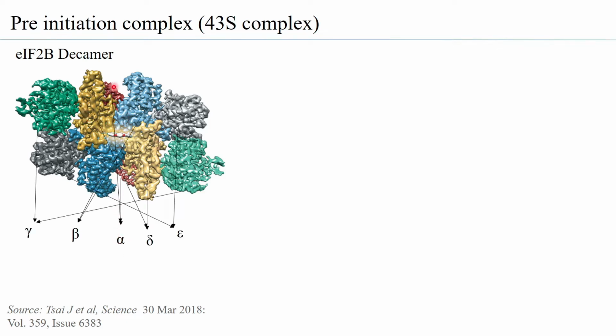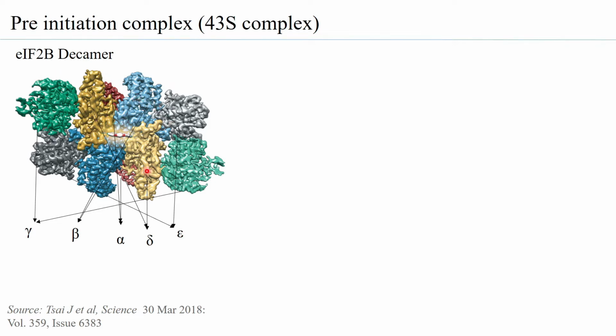So you can see that this red over here is alpha. You will have 2 beta. The blue is 2 beta. You will have 2 gamma. So the green is the gamma. You'll have 2 delta, the golden subunits, and you have 2 epsilons, which are the gray ones. So 2 of gamma, 2 of beta, 2 alpha, 2 delta and 2 epsilon form a decamer structure.